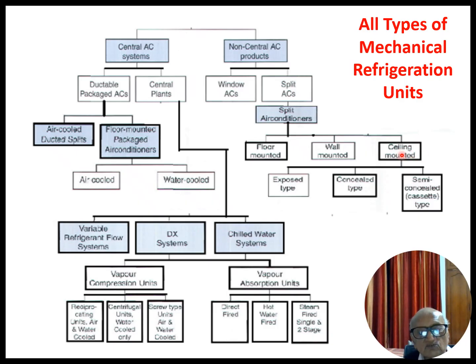And ceiling mounted units may be exposed type, concealed type, or semi concealed type. All these are available only in restricted tonnage.